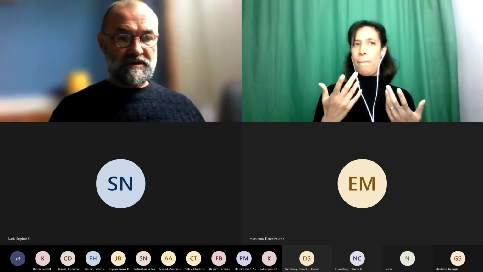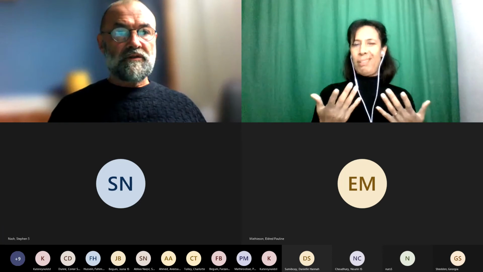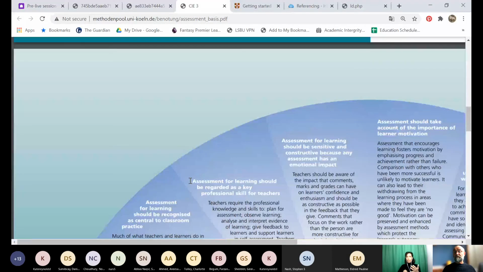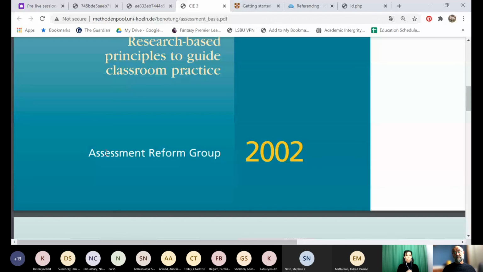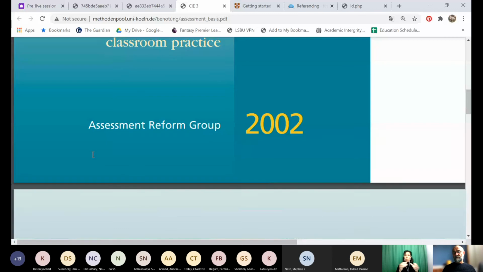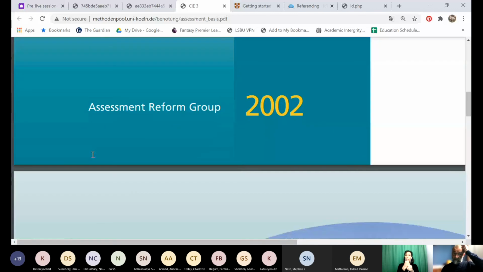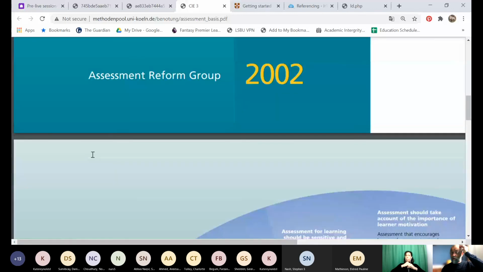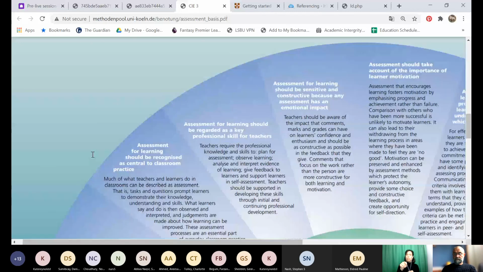So let's go back to this screen, which is about the assessment reform group. So the authors of this particular document are the Assessment Reform Group, abbreviated as ARG. They published this in 2002. Now, this is a core document for thinking about the definition of assessment for learning.